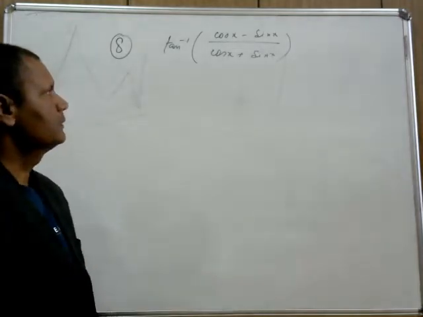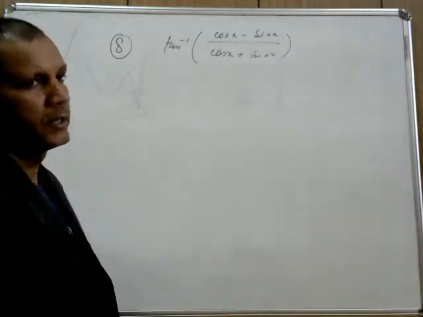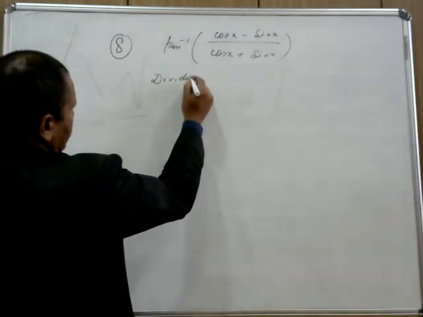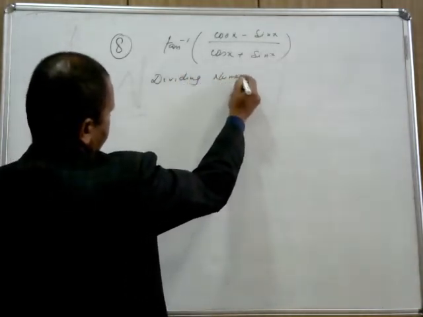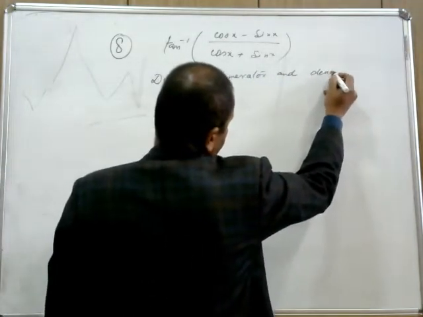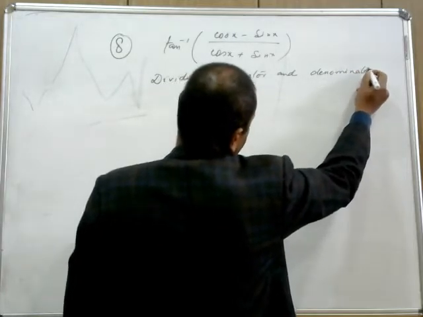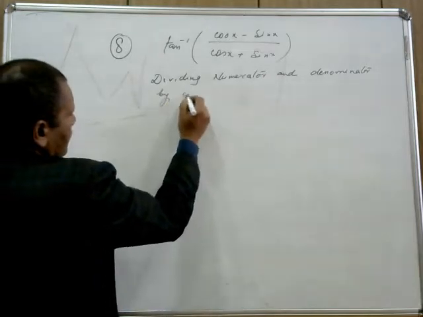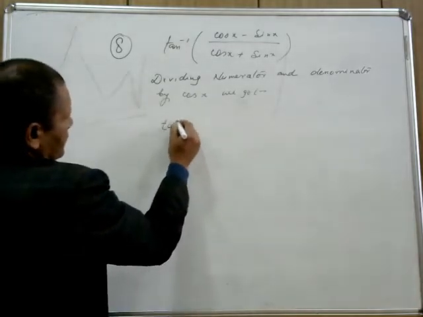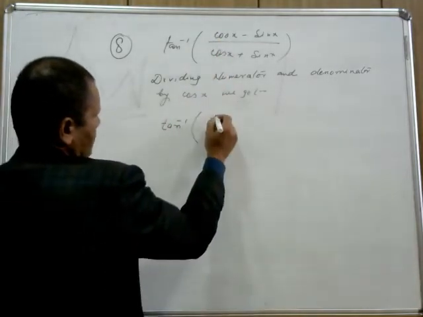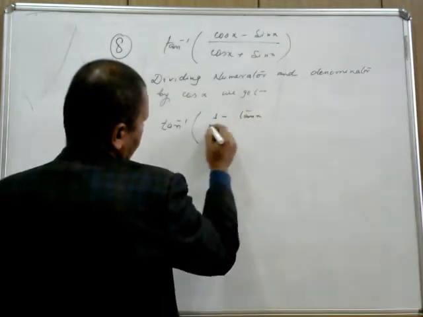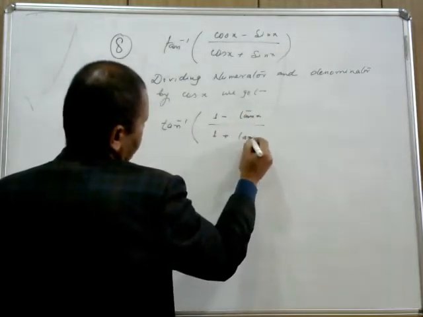Now in order to get tan inside, if I divide each term, numerator and denominator, by cos x, dividing numerator and denominator by cos x, we get tan inverse cos x divided by cos x, 1 minus sin x by cos x, tan x upon 1 plus tan x.